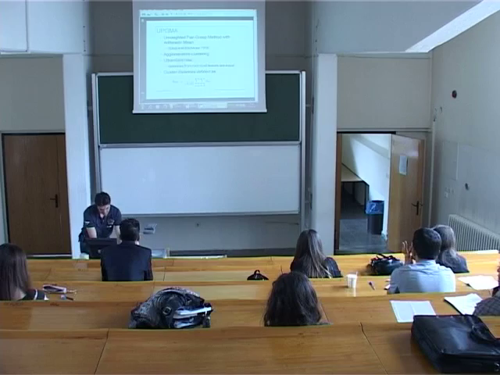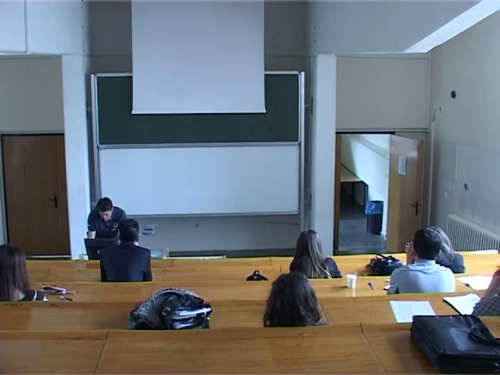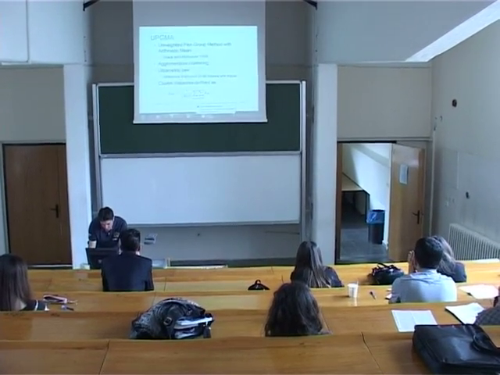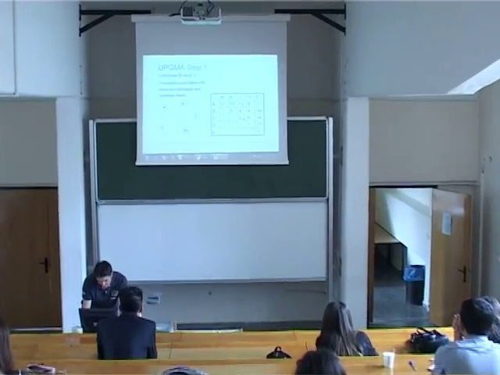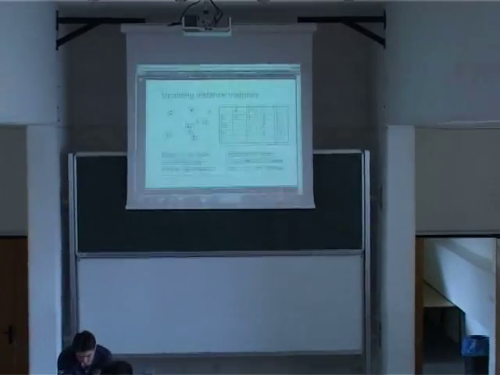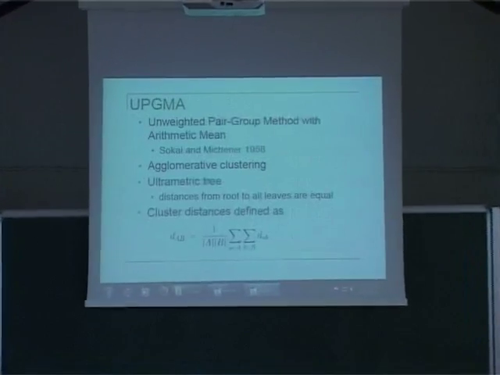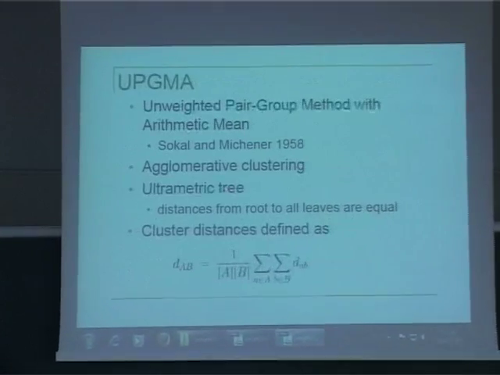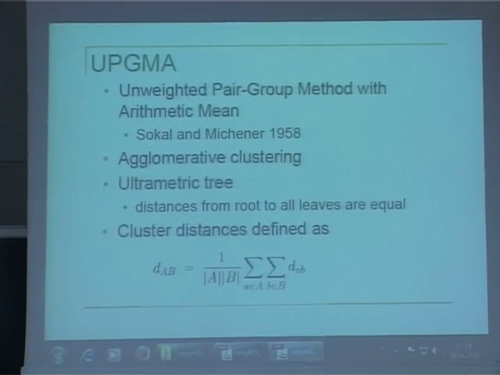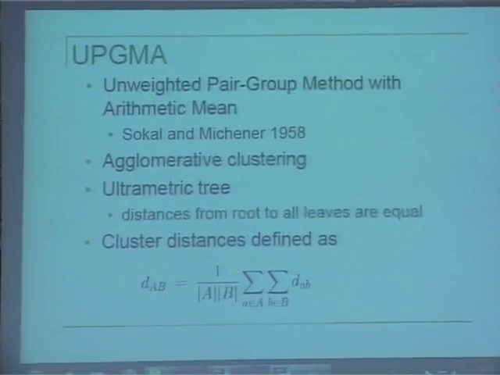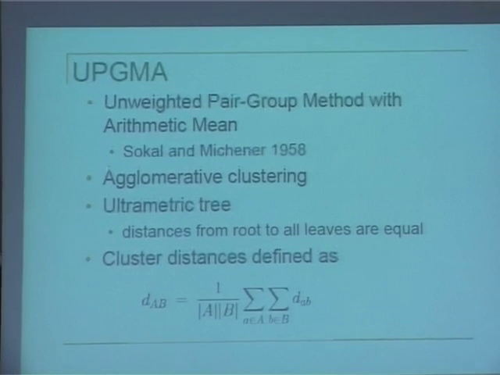Anyway, so the UPGMA algorithm is like this. It's the acronym for unweighted pair group method with arithmetic mean.